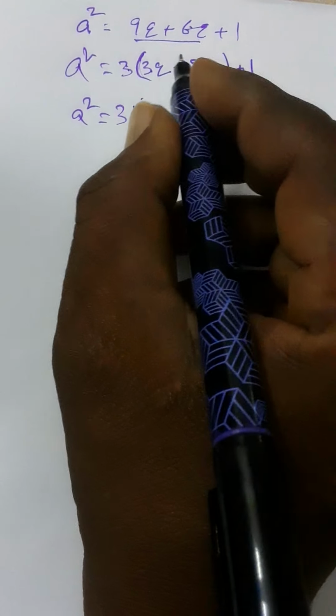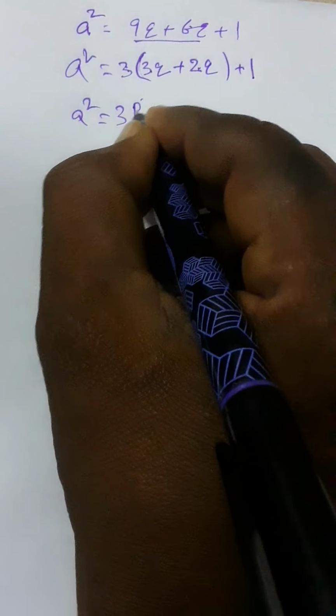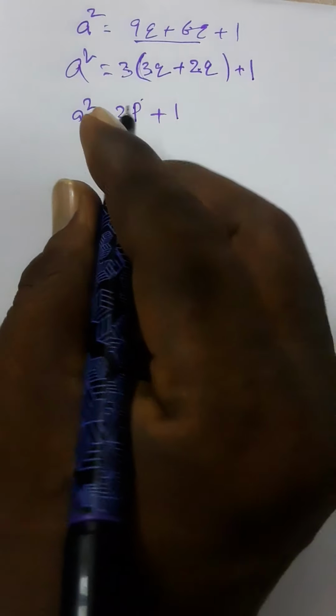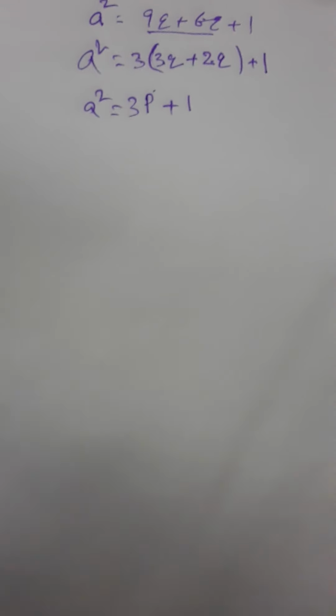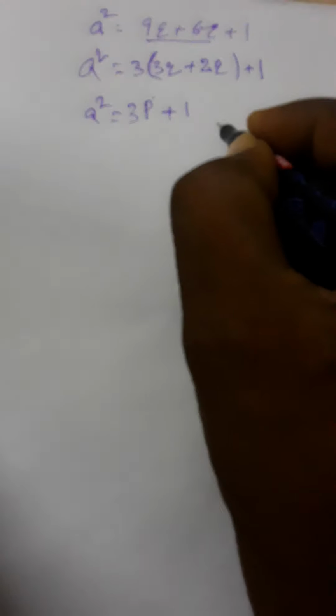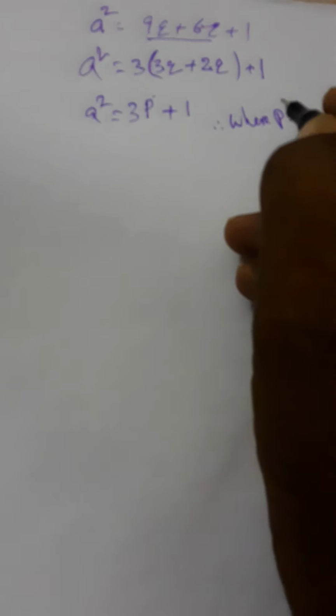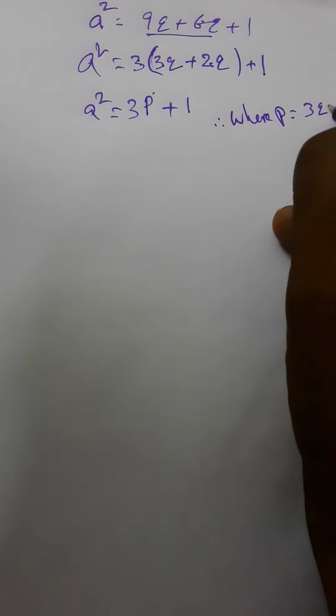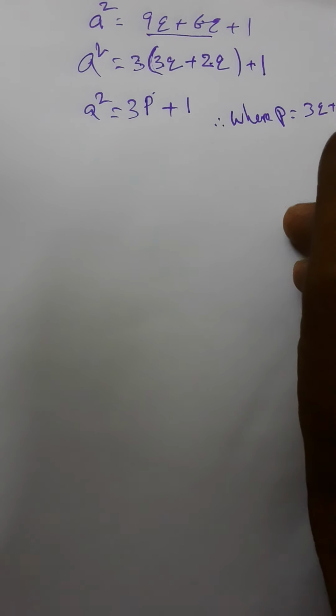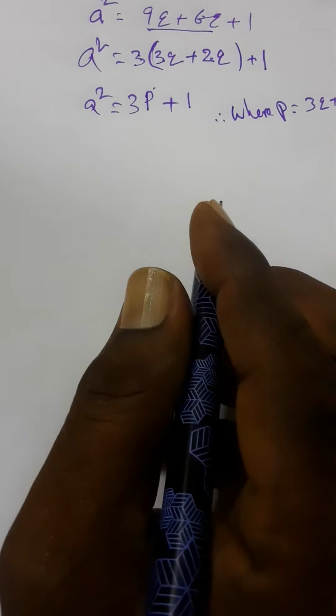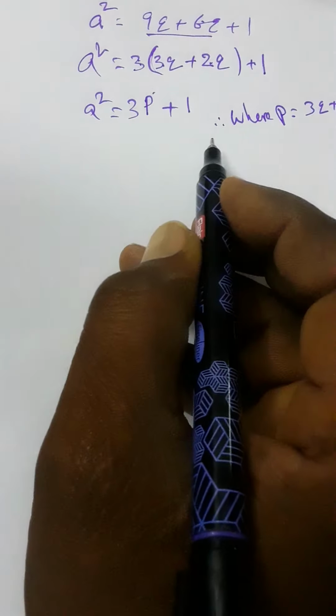So a squared equals 3 times 3q squared plus 2q, plus 1. I take p, where p equals 3q squared plus 2q.